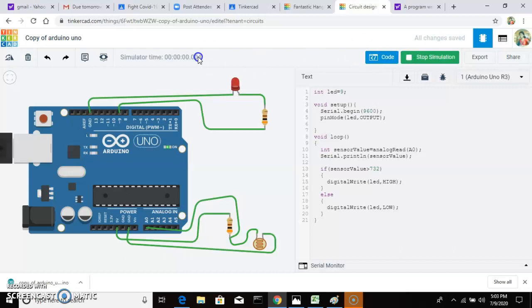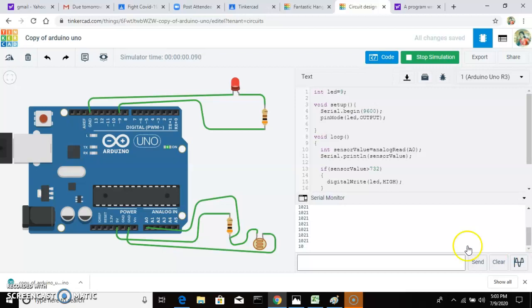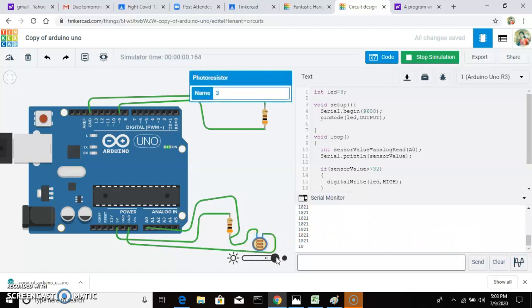After starting the simulation, the LED begins blinking. We can parallelly see the serial monitor. It shows the photoresistor value. So the photoresistor was in dark condition, and the value was 1021.